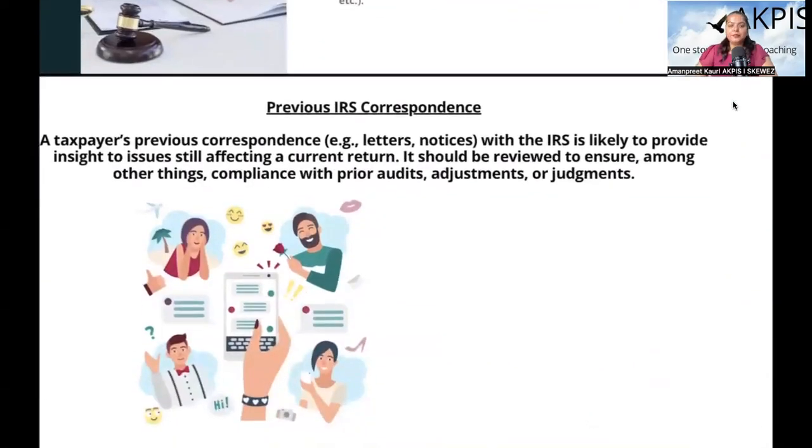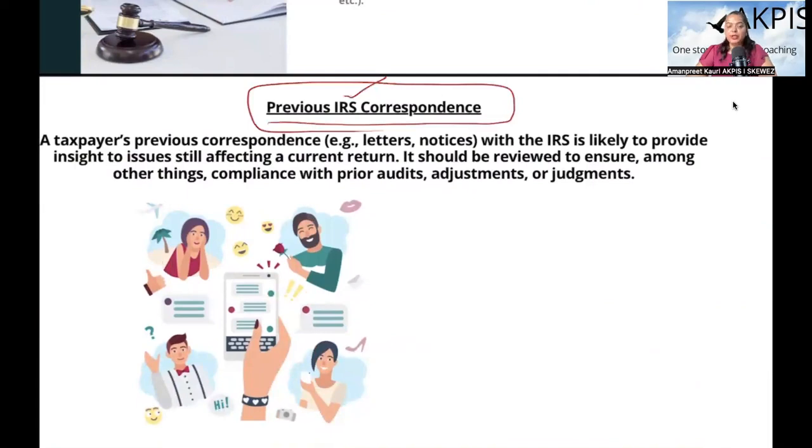Now, let's proceed further. Apart from the accuracy and apart from any major changes, even to check previous IRS correspondences. What does that mean? IRS, Internal Revenue Service, the US taxation governing body, right?